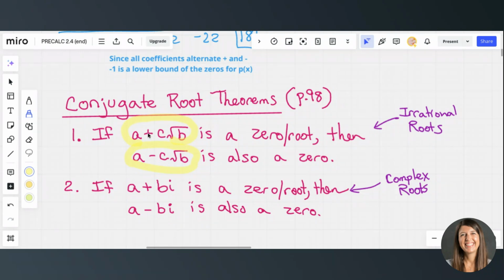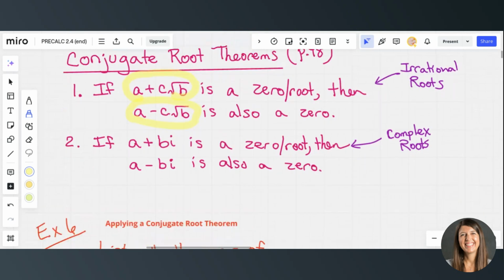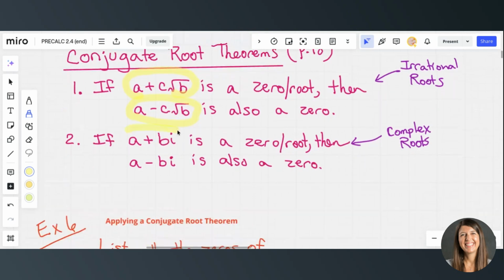So that's how we get the conjugate. So if A plus C root B is a 0, then A minus C root B is also a 0, okay? We can also do the same thing with complex roots. If A plus BI is a 0, then its conjugate, A minus BI, is also a 0.